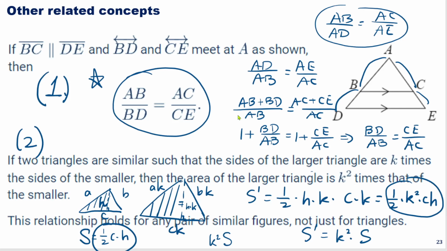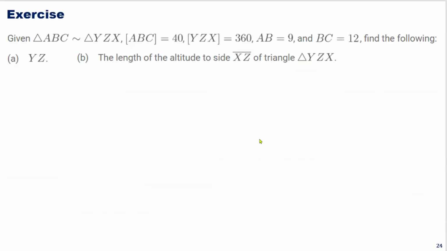Alright, then let's consider one exercise. Given triangle ABC is similar to triangle YZX, and area of triangle ABC is 40. The area of triangle YZX is 360. AB equals 9. BC equals 12.